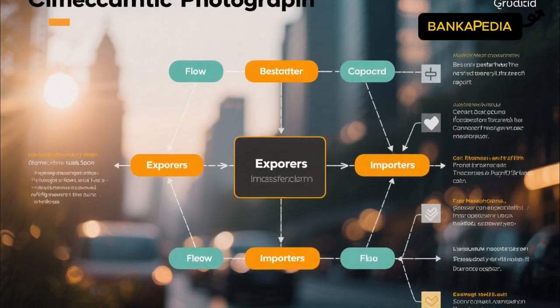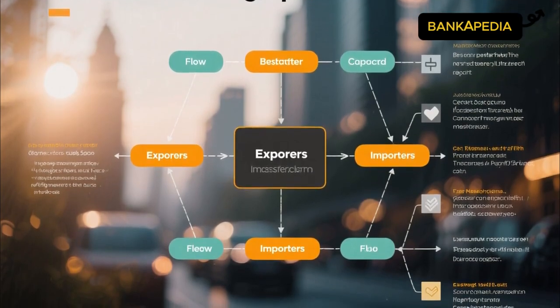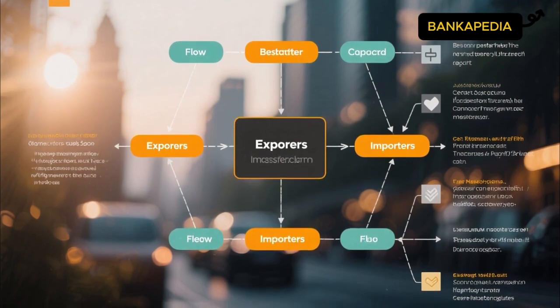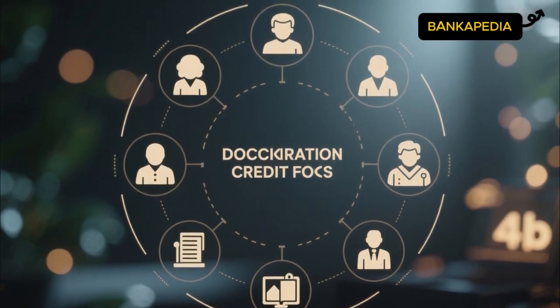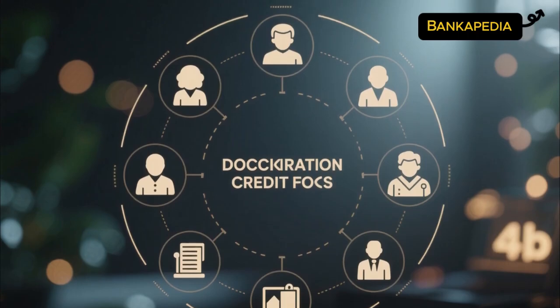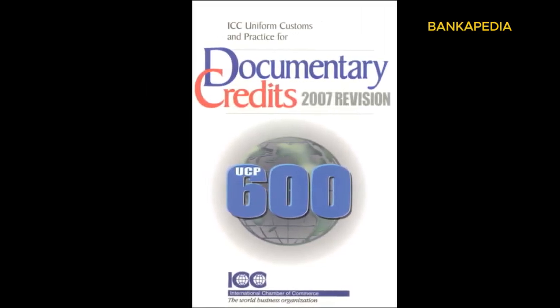Understanding the nuances of Article 17 can help exporters prepare compliant documents and help importers set clear and practical terms in their LCs. It's a cornerstone of the documentary credit process, ensuring that all parties have a common understanding of what constitutes an acceptable document. It reduces ambiguity and disputes, which is what UCP 600 is all about.